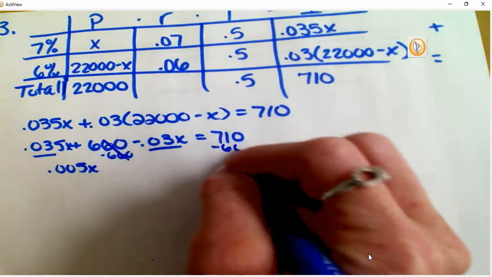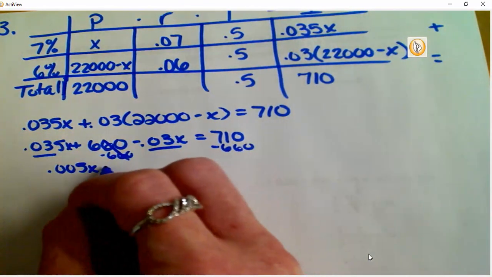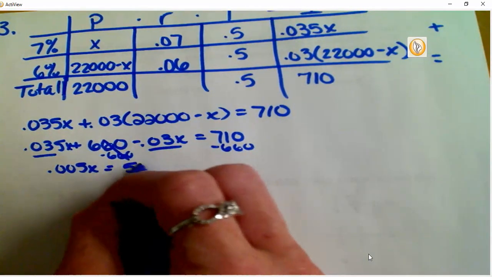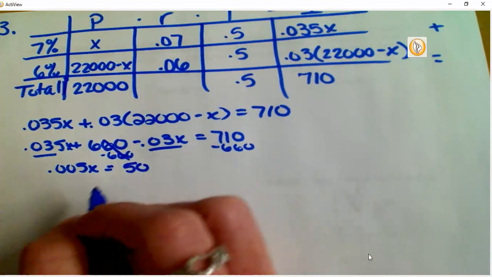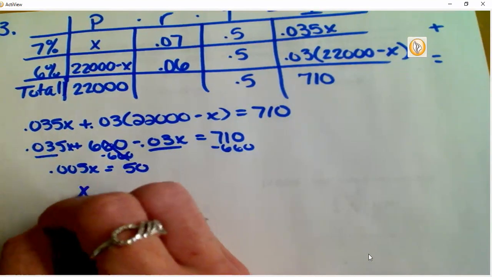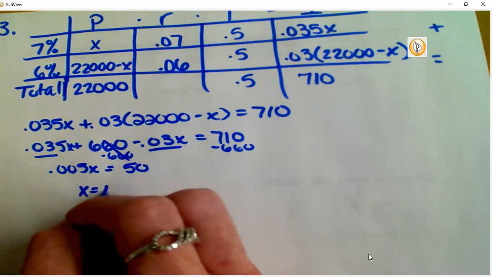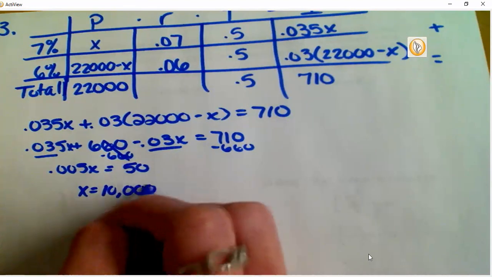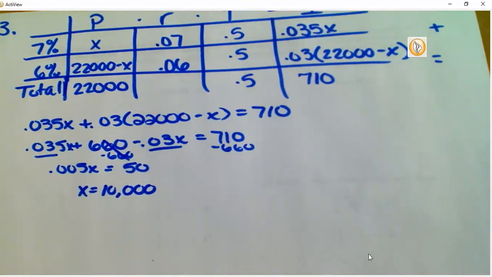Subtract this 660 to the other side, equals 50. Divide by 0.005, and you get 10,000.